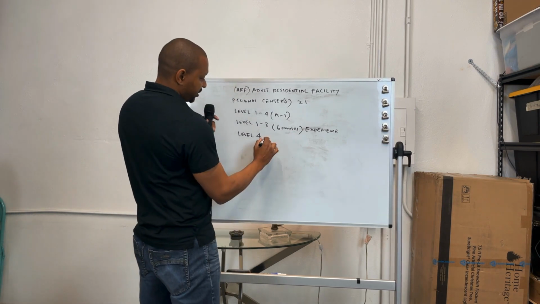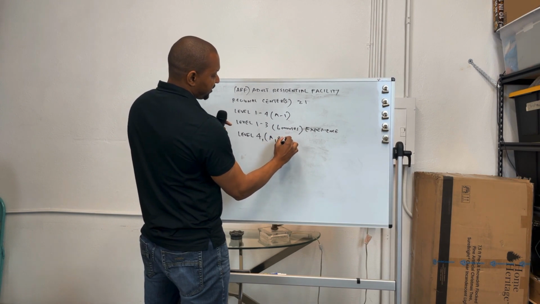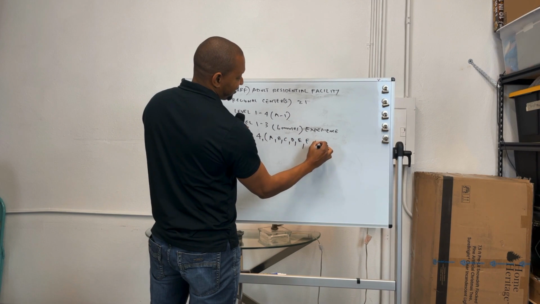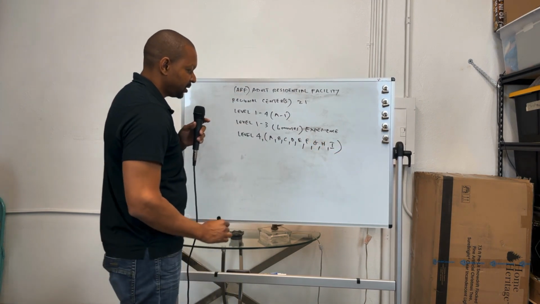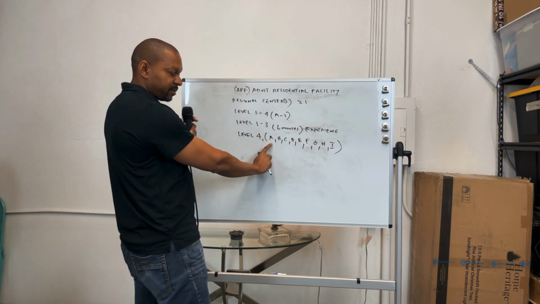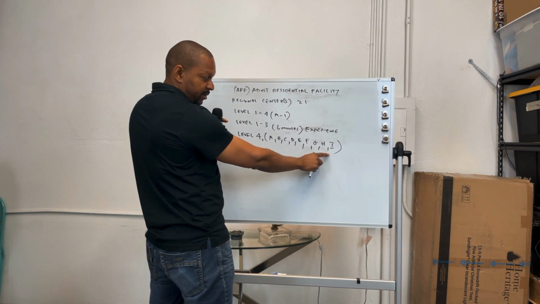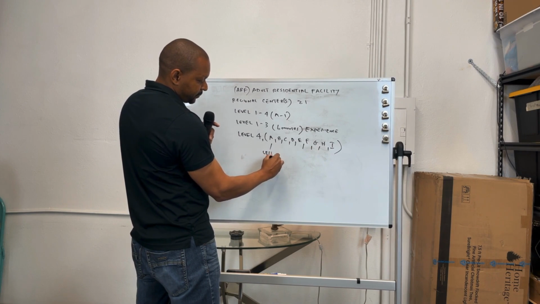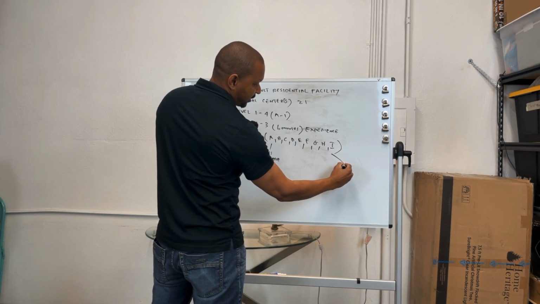So there are different levels for 4: A, B, C, D, E, F, G, H, I. The lower the level, the less severe the behavior. The higher the level, the more severe. So this is less severe, and this is more or high.